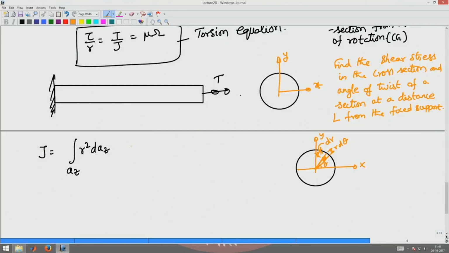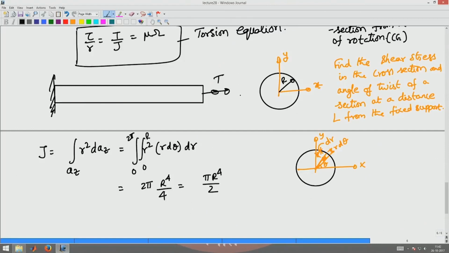So dA would be r d theta into dr, and J is the integral of r square r d theta dr. The limits of integration would be 0 to 2 pi for theta and 0 to R for r, where R is the radius of the circle. So theta integrates to 2 pi and r integrates to R power 4 by 4. So this is pi R power 4 by 2.